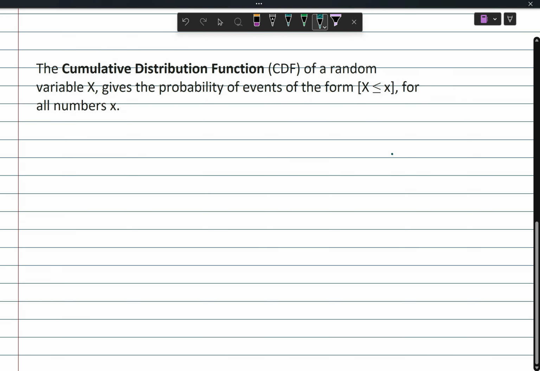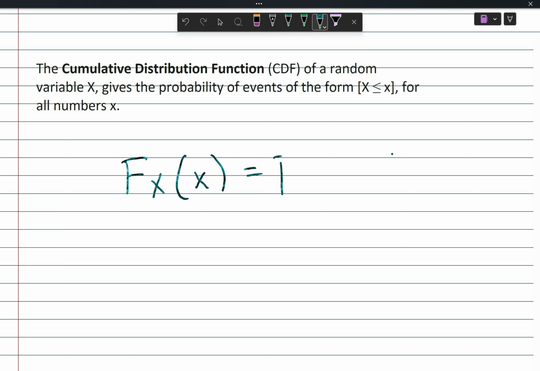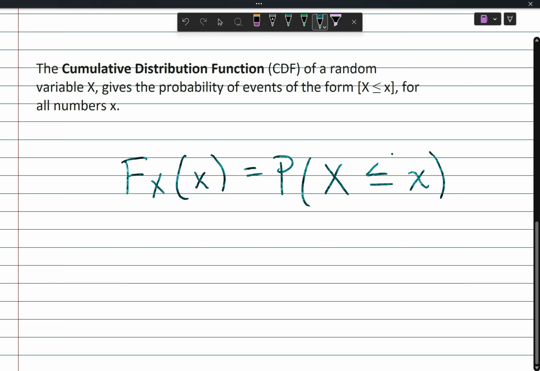It is typically denoted by the capital letter F. In mathematical notation, the CDF of our random variable X is defined as F sub X of x, where the subscript is the random variable X, equal to P(X ≤ x), for all numbers x on the real number line from negative infinity to positive infinity.